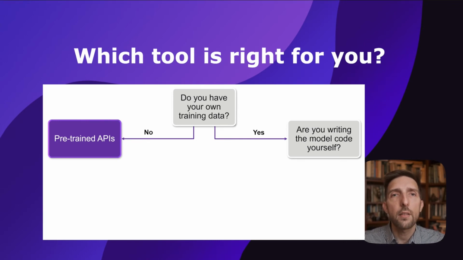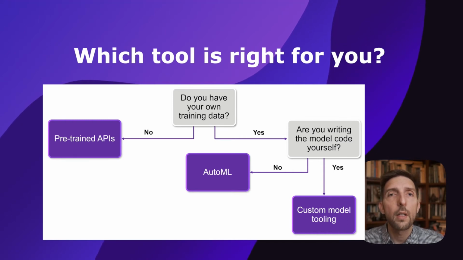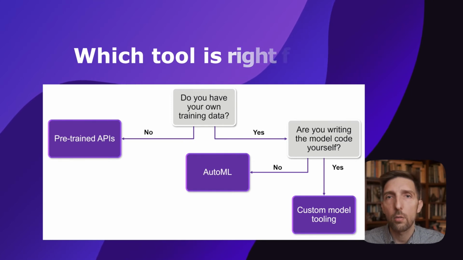You can easily infuse ML into existing applications or build entirely new intelligent applications across a broad range of use cases. Then, we have to decide whether we have the expertise to write the model code ourselves. If not, then AutoML has our back with a centrally managed registry for all datasets across data types. Or, we can write our custom model code ourselves if we have what it takes.